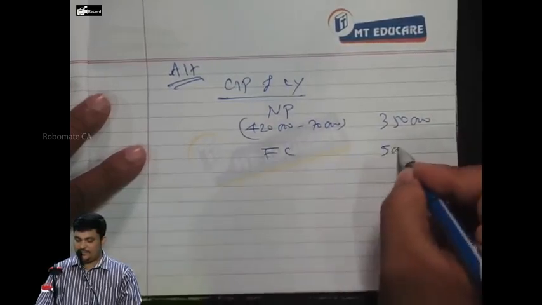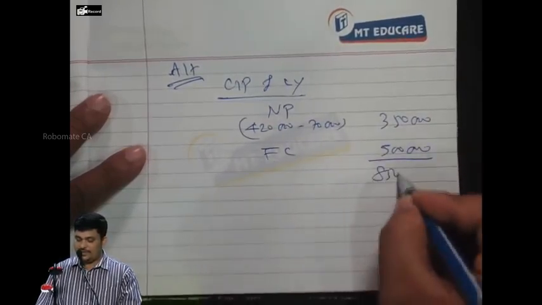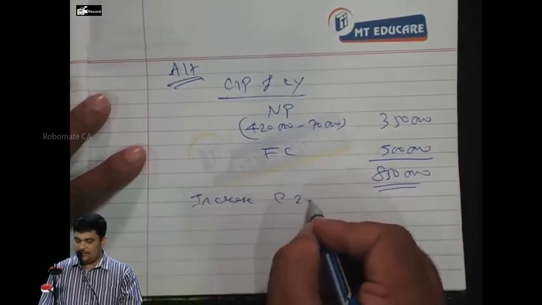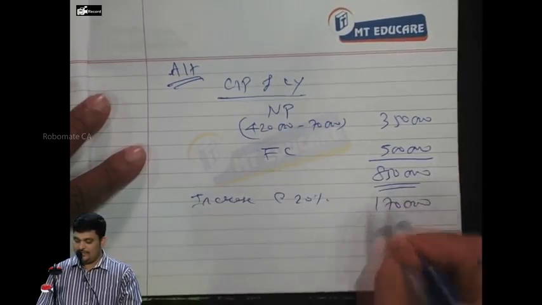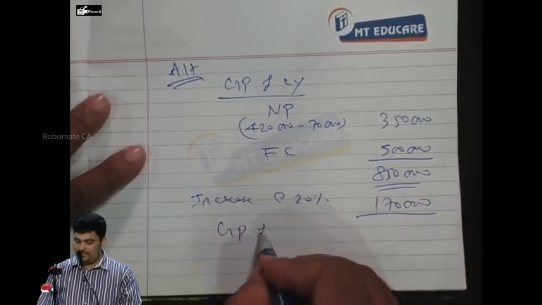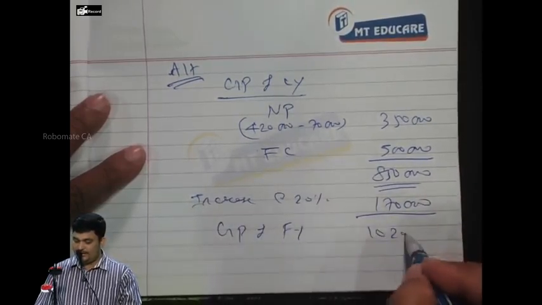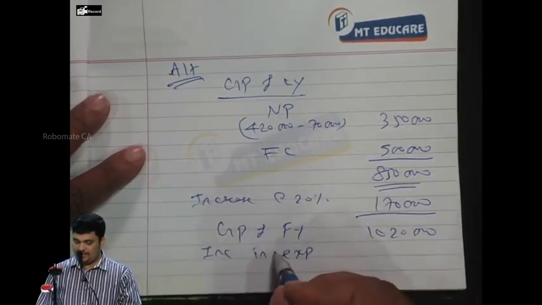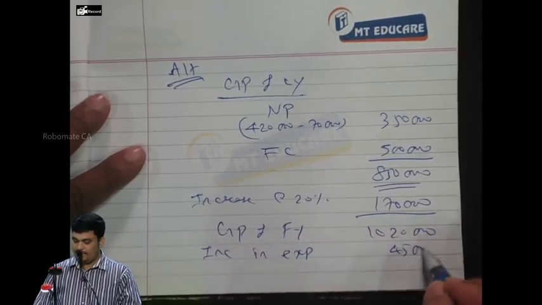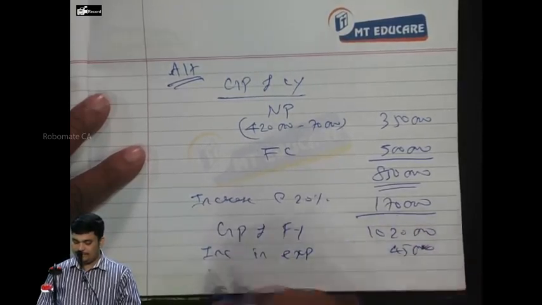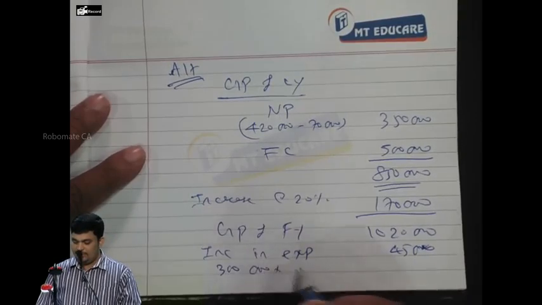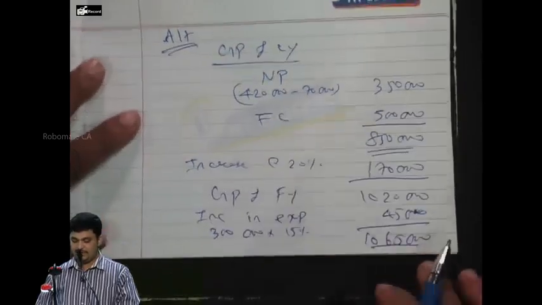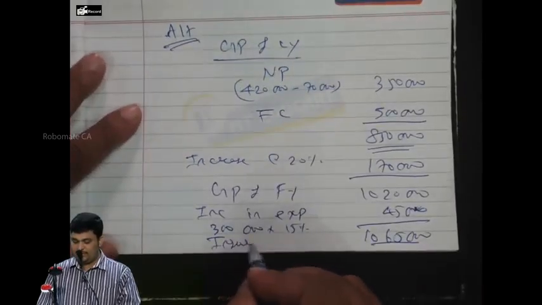Fixed cost 5 lakhs. How much? 8,50,000. Increase at 20%, 1,70,000. Upon GP of future year 10,20,000. Increase in expenses, fixed cost 45,000. How do you get 45,000? 3 lakhs into 15%. You get 10 lakh 65,000, which is the insurable amount.